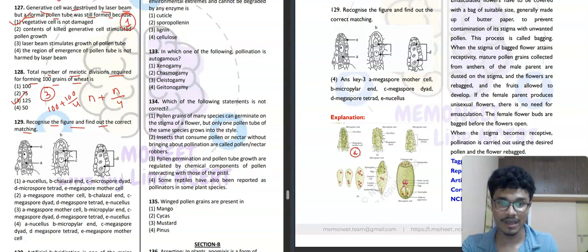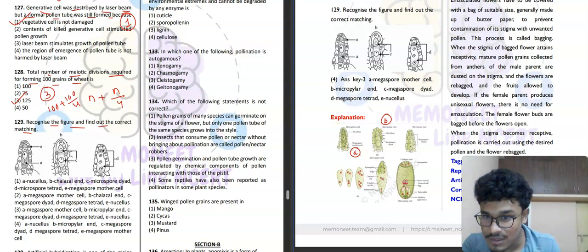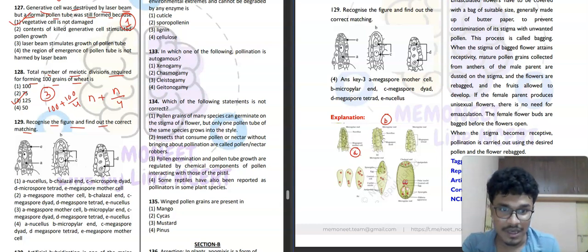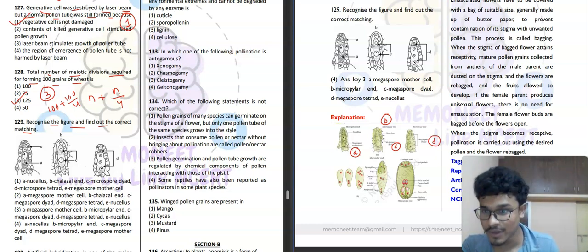Now B here is the micropylar end. Now if we see C, I think this one is C. Okay, so this one is C, and this C is the megaspore dyad. And then D, you can find D. This D here is the megaspore tetrad, and E, you can find, is the nucellus.